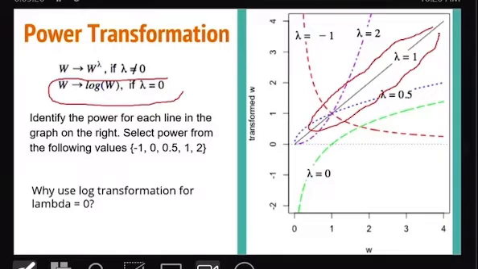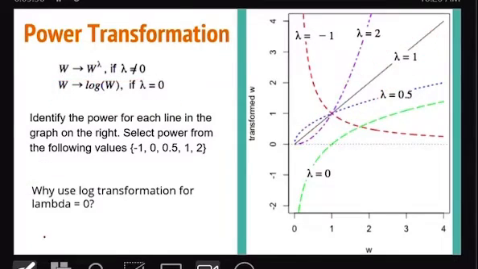Now I needed to see when lambda equals 2, when lambda equals -1, and when lambda equals 0, you see the green line. These are the possible shapes you are going to have when you plot.